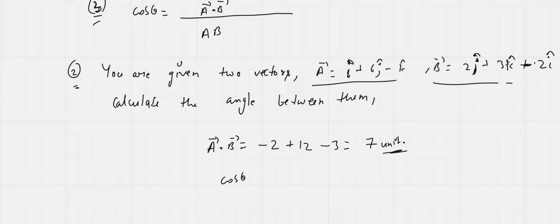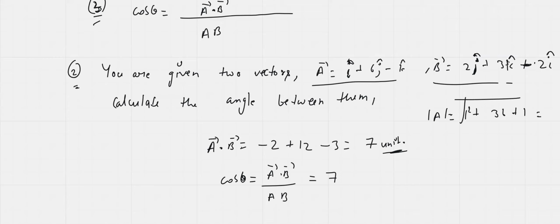What I needed to calculate cos theta is a dot b divided by the magnitudes of a and b. What is a dot b? That is 7. What is a's magnitude? 1 squared is 1, plus 6 squared is 36, plus 1 squared is 1, under root 38.